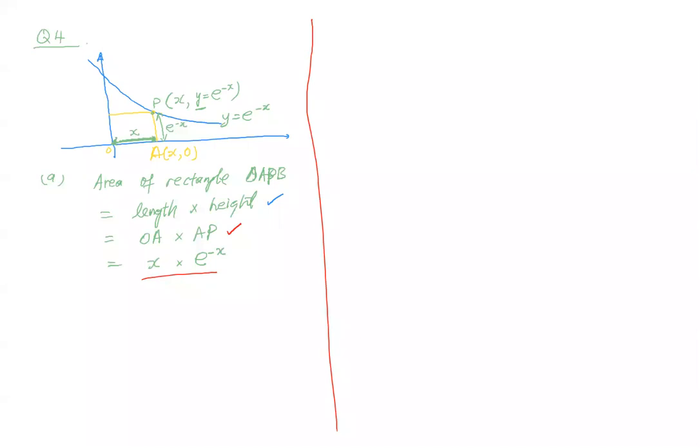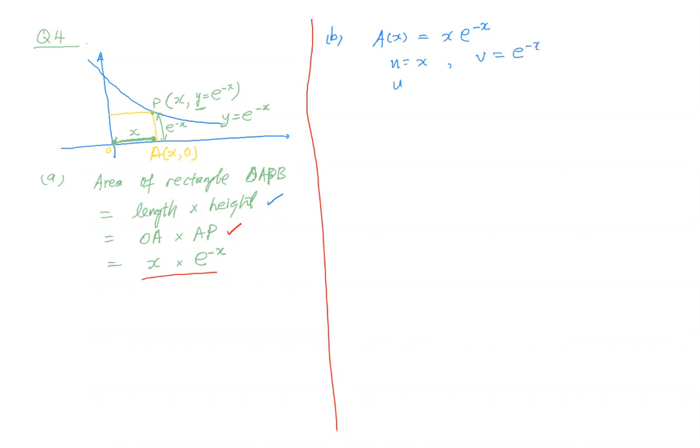Okay. So for part B, in order to find the maximum or minimum, you have to get your A prime x, correct? And this is a very familiar expression, correct? So you have to use product rule. Your u is equal to x, your v is equal to e to the power negative x.